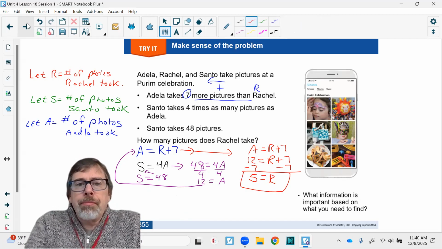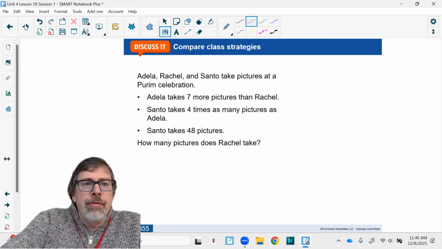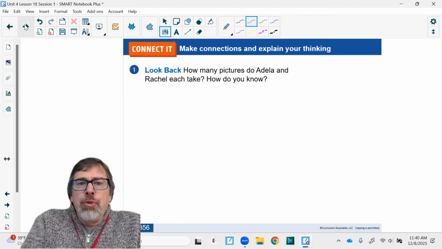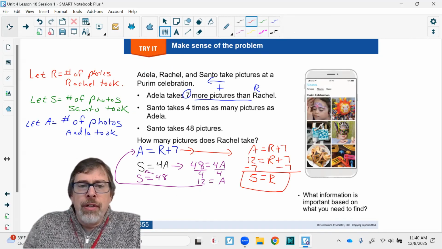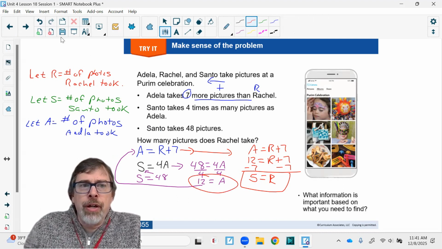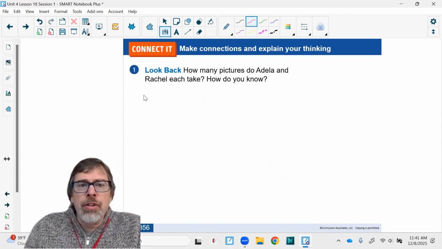Next problem. Okay, I already answered that. How many pictures do Adela and Rachel each take? Okay, so if I now go back here, Rachel we already know took 5. Adela took Rachel's plus 7, or it's right here, A equals 12. So R was 5, A was 12, and Santo was 48.